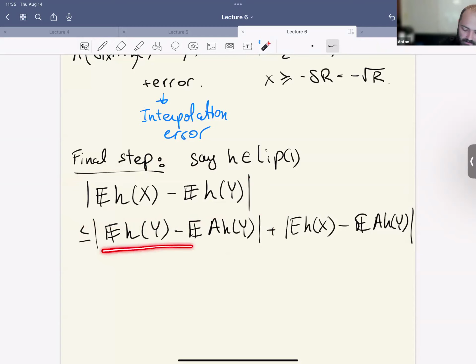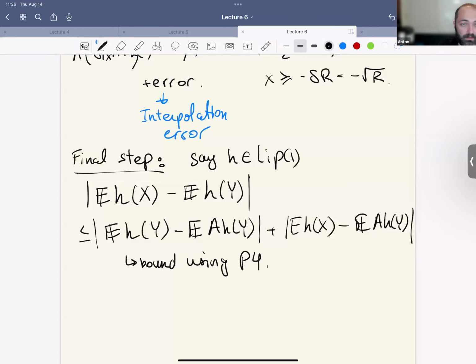And here is where property number 4 is going to come in handy again, because we're going to say, well, presuming h was sufficiently smooth, how much are we distorting it by considering the interpolated version? And this you want to bound using property number 4.